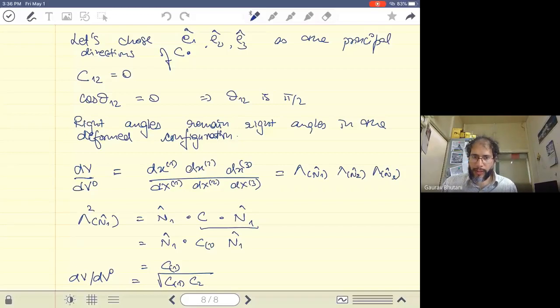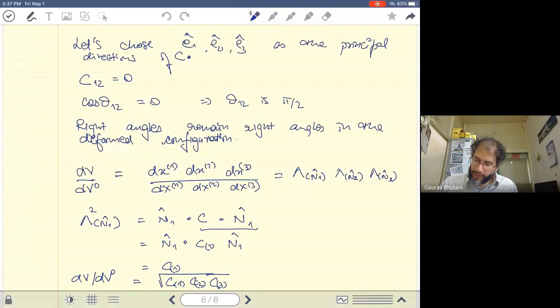Now c1, c2, and c3 are the eigenvalues of c, and we already know that the product of the eigenvalues is nothing but the third invariant. You can go back and check. So this is the third invariant. Now the interesting part here is that we can find the dilatation by simply taking the square root of the third invariant.